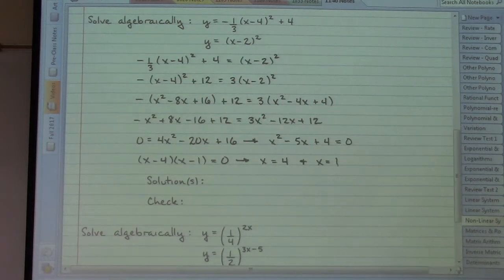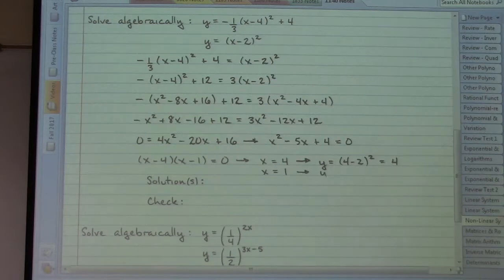Using one or the other of my original equations, and it would be a little bit nicer for us, for instance, to use the second one, we can figure out that, and let's actually split it up this way. Using the second equation, when x is equal to 4, y would be equal to parentheses 4 minus 2 parentheses squared, which would be a 4.